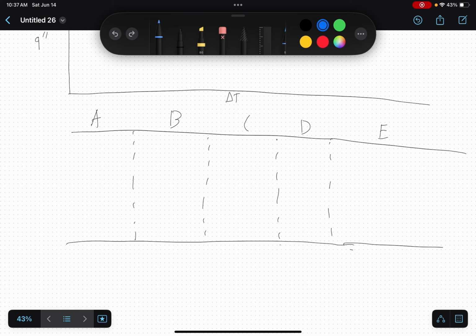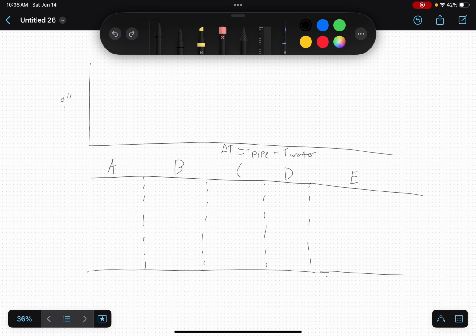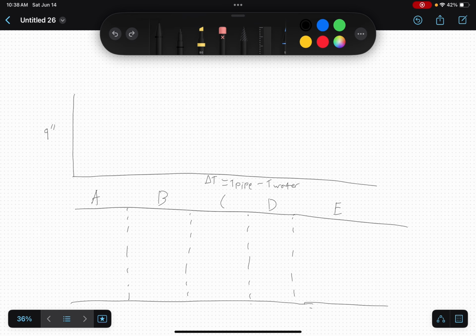So we've got our T pipe down here, and then T water is just T water. Cool. This Q is heat flux. So how well can heat transfer from the pipe to the water?